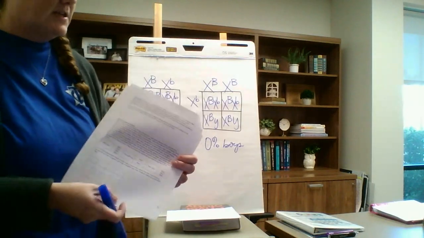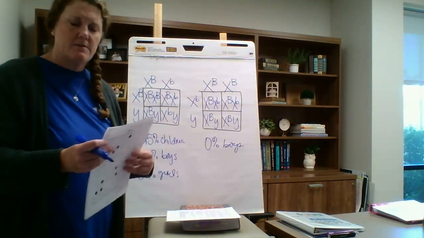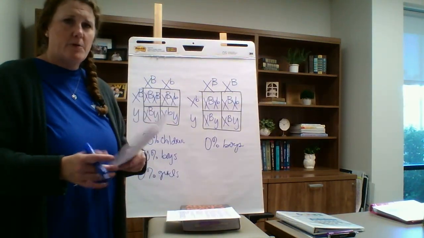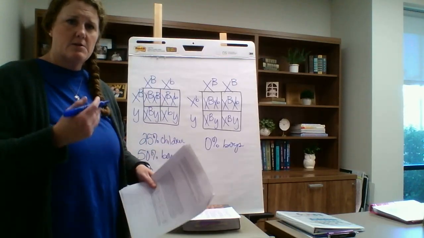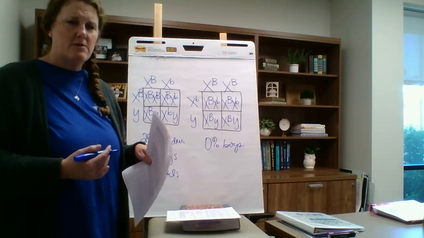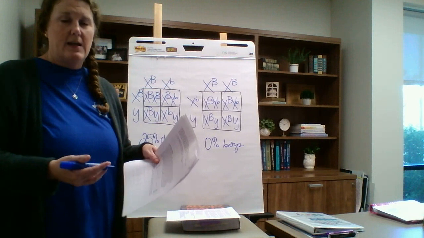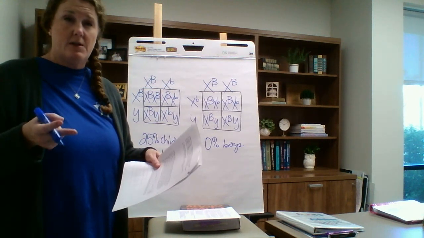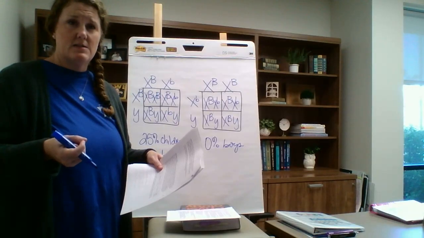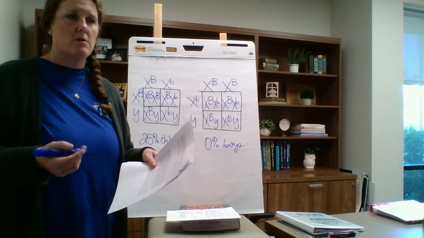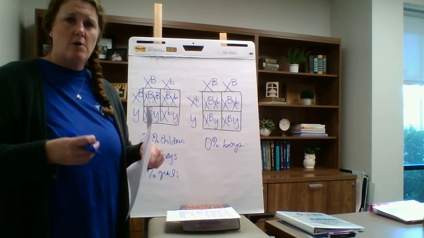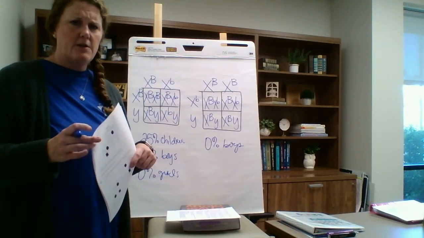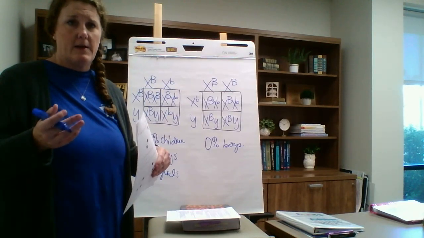But I did want you to see that there's some other types of inheritance. So one example are lethal genes, and this is where some genes, when they're inherited together, lead to incomplete development. There are actually 2 examples in humans. One is Huntington's disease. It's a dominant disorder, but if a child gets 2 dominant alleles, they usually don't complete development, so they don't make it.